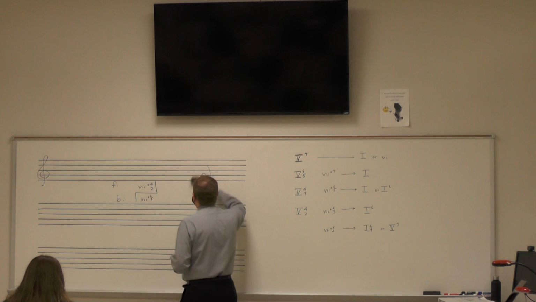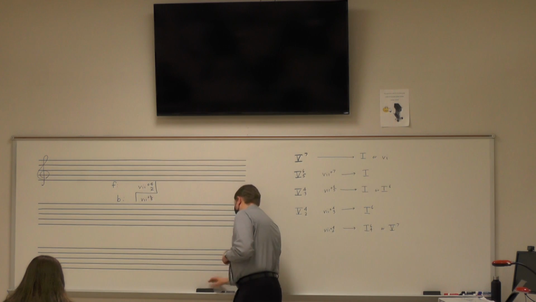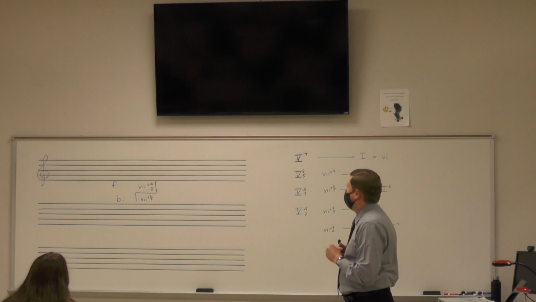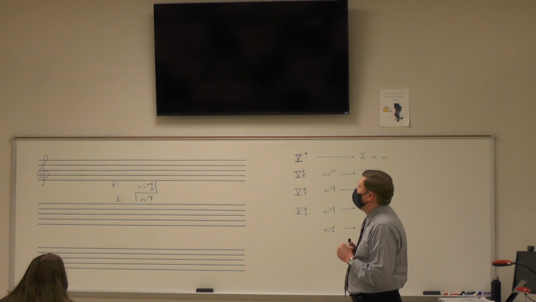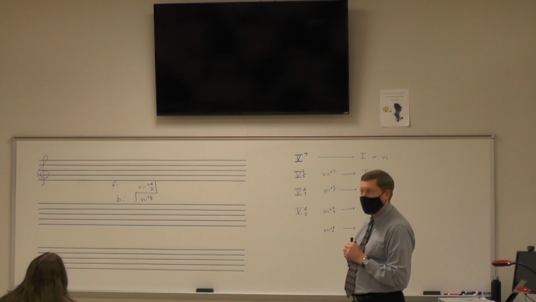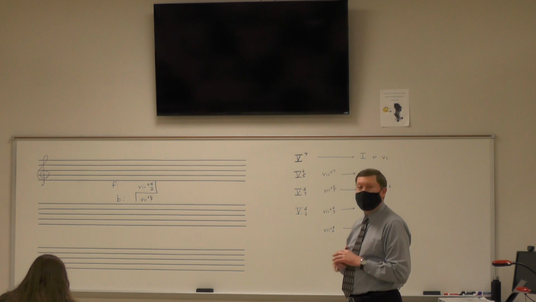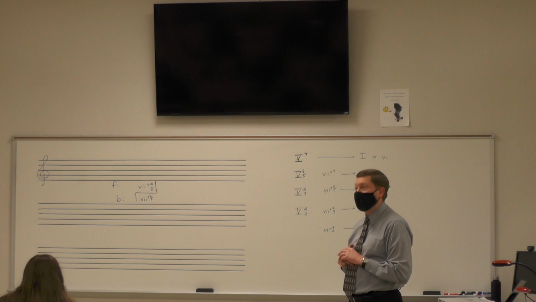Now, let's say that, as I always do, I wanted us to write out a progression with Roman numerals that modulates from F minor to B minor using an enharmonic minor 7.